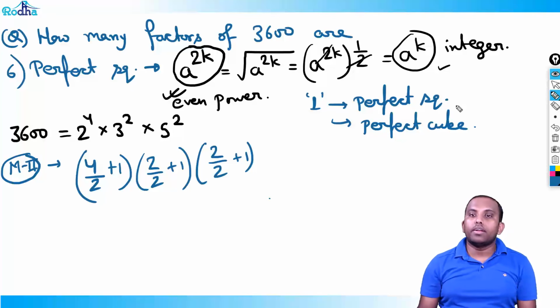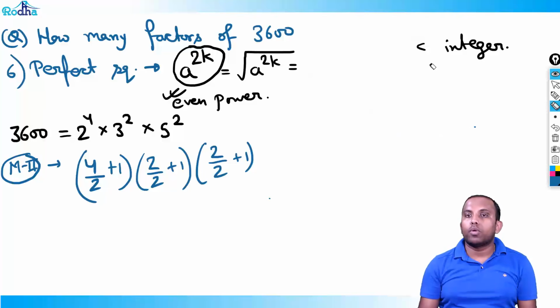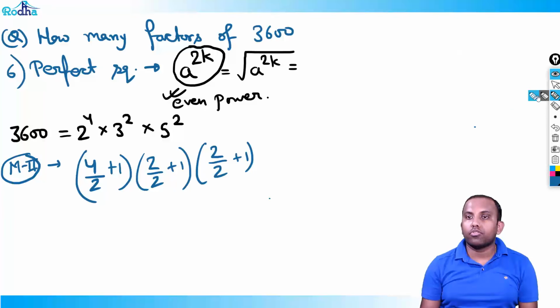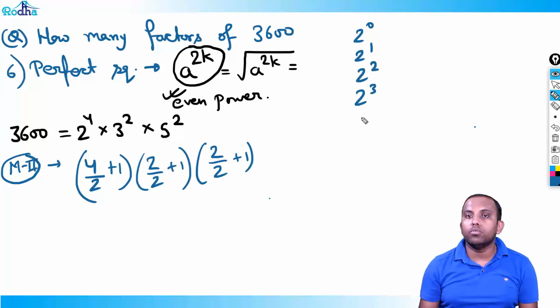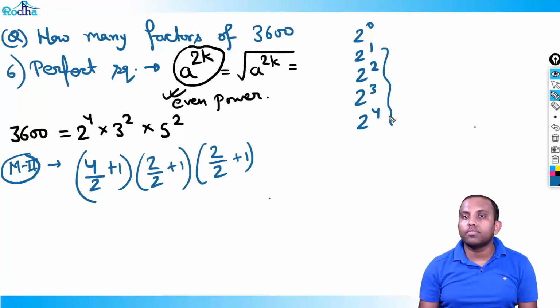We had written powers of 2, the factors of 2 raised to 4: 2 raised to 0, 2 to the 1, 2 square, 2 cube, 2 raised to 4. So 4 by 2 here means out of the 4 terms, how many are multiples of 2? Simply divide by 2. There are 2 multiples. So 4 by 2 will give me 2.